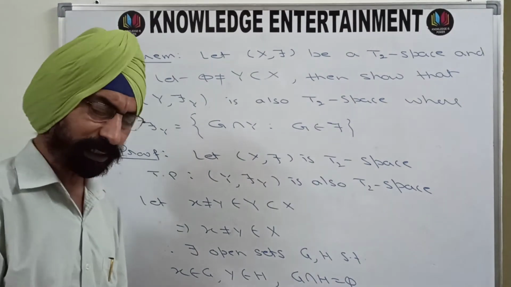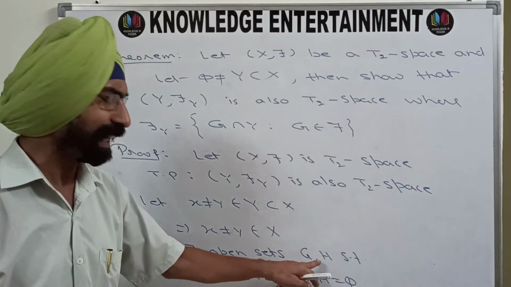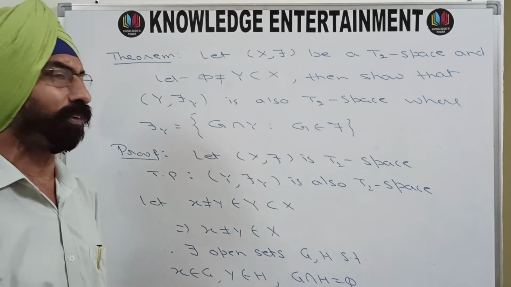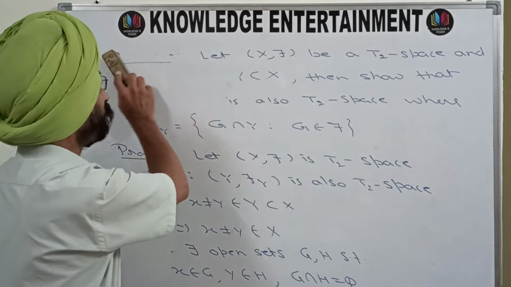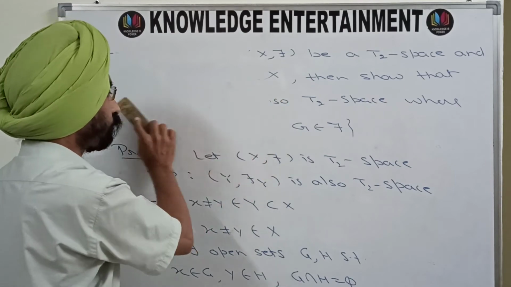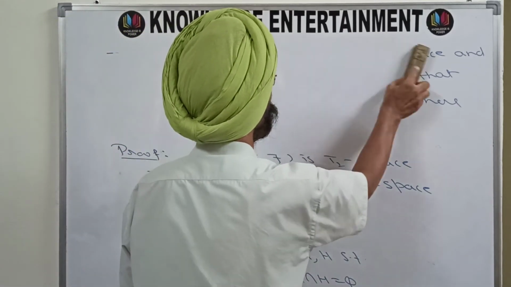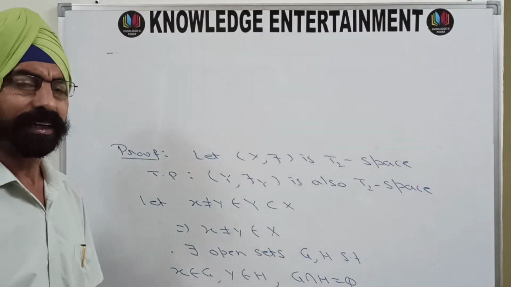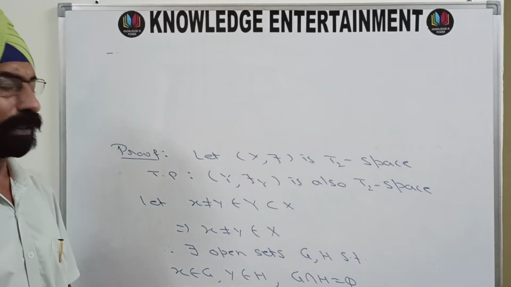This is now given to us, but these G and H are tau open sets. These are not tau Y open sets. We have to find two tau Y open sets. So we'll move on to obtain two tau Y open sets, one containing x, the other containing y, and the two tau Y open sets must be disjoint.